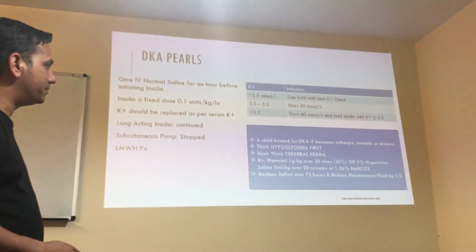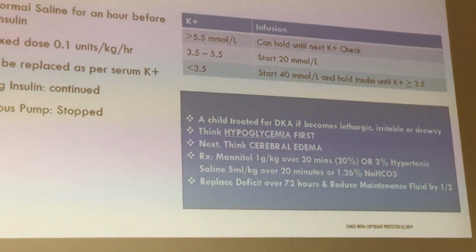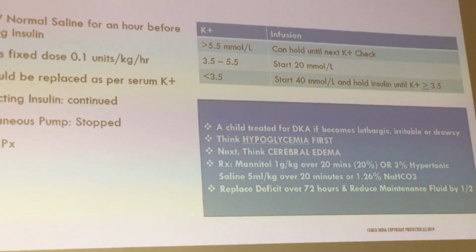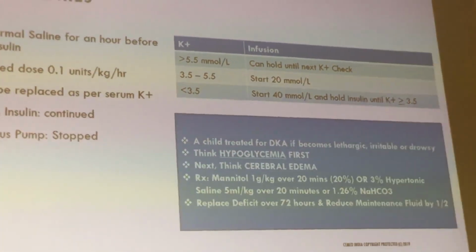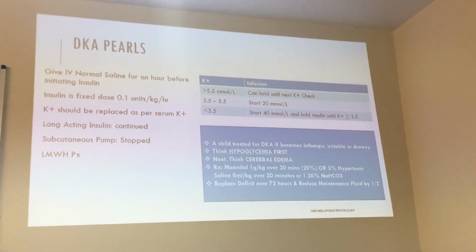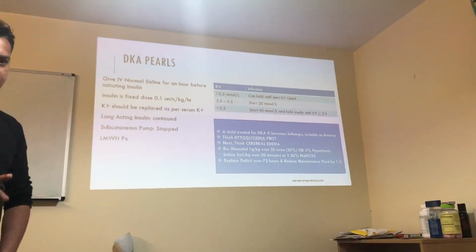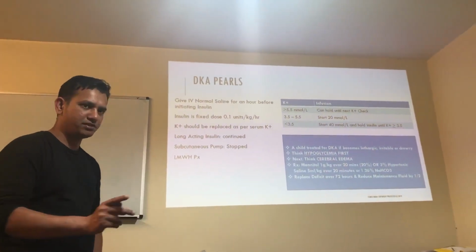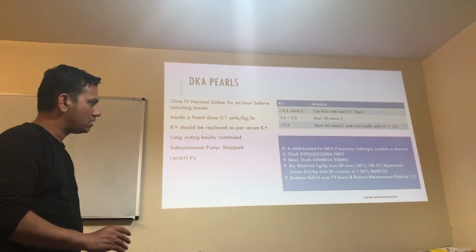If there is cerebral edema, you can treat it with two things. One is mannitol, 1 gram per kg, 20%, or you can give 3% hypertonic saline, or you can use 1.26% sodium bicarbonate.